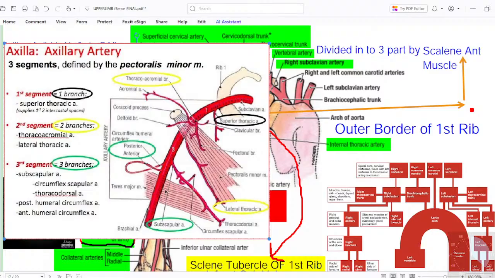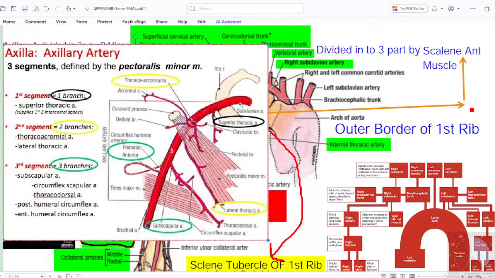And the axillary artery comes down, down, down, and there is the teres major muscle. I said pect major, I was wrong. It was teres major. When it crosses the inferior border of the teres major muscle, it takes the name of brachial artery. Same artery, but in different places, taking different names.